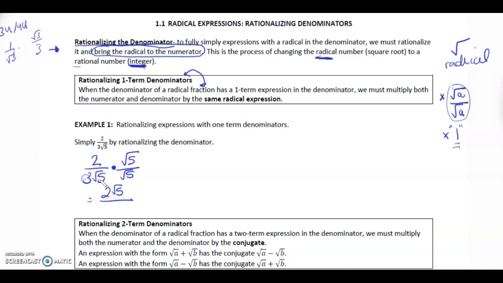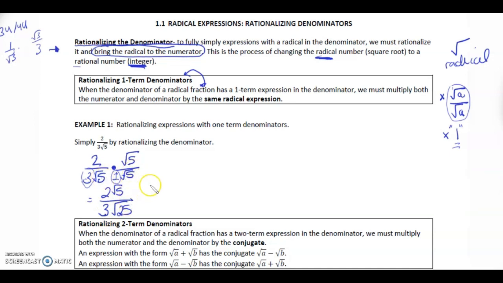And then 3 root 5 times root 5. The 3 is the normal number, we're going to bring that in front. And doing this the long way, root 5 times root 5 is going to be root 25. As a recall, we multiply the coefficients by each other, so it's kind of like 3 times 1 would be 3. And then we can multiply the numbers under the radicals by each other.